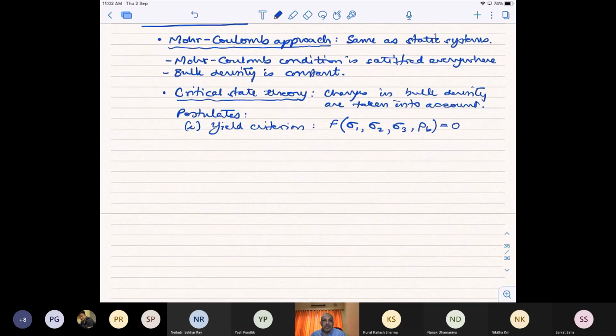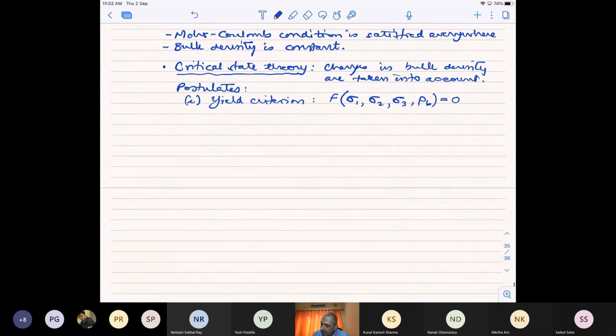So it's not only the principal stresses but also the density. So all those four are related.